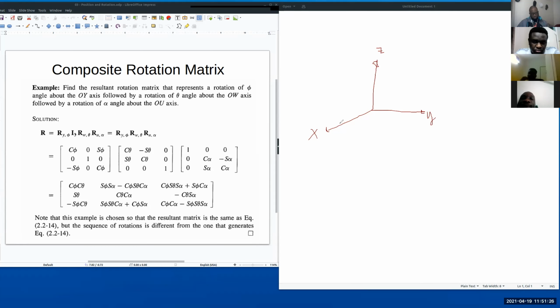So it starts with an OY axis rotation of angle phi. If you rotate there, your X will rotate somewhere here. That will be your new X, which now becomes U.